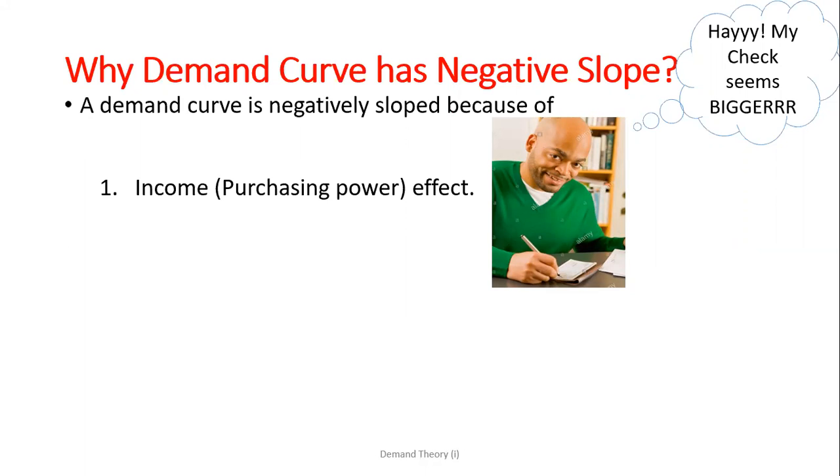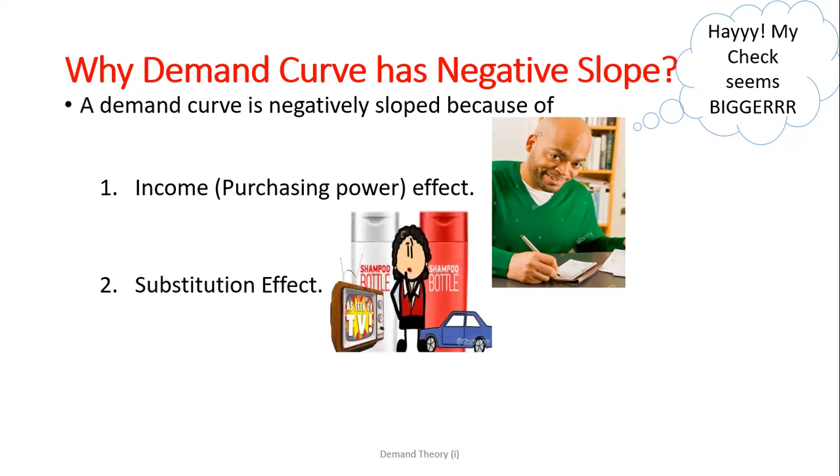At low real income, consumers' ability to buy a commodity decreases. Next is substitution effect. When the price of something goes up, its substitute items feel relatively cheaper. Therefore, some consumers stop buying this commodity and switch to the substitute products. Hence, its demand falls.